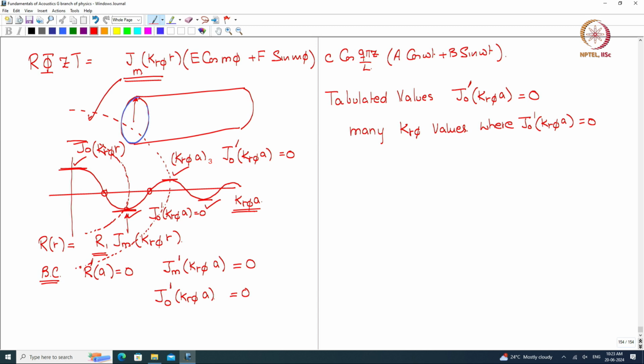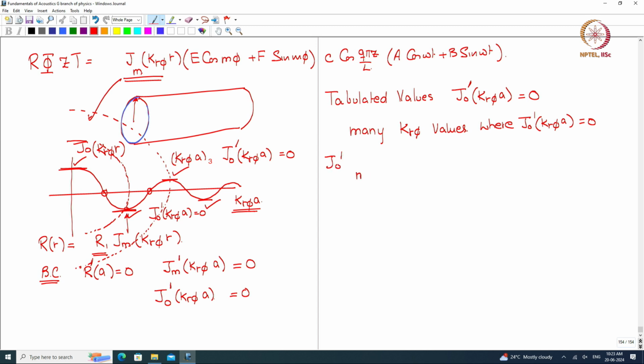In a book these have been tabulated. The Bessel functions are not commensurate functions like cosines and sines. So these values have been tabulated. So let's say J0 dash goes through 0 where?